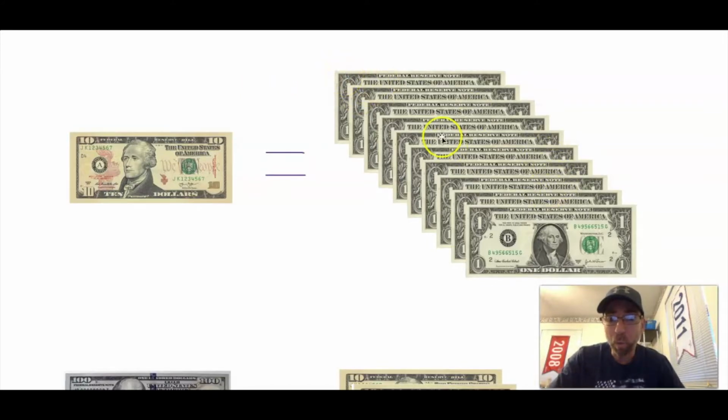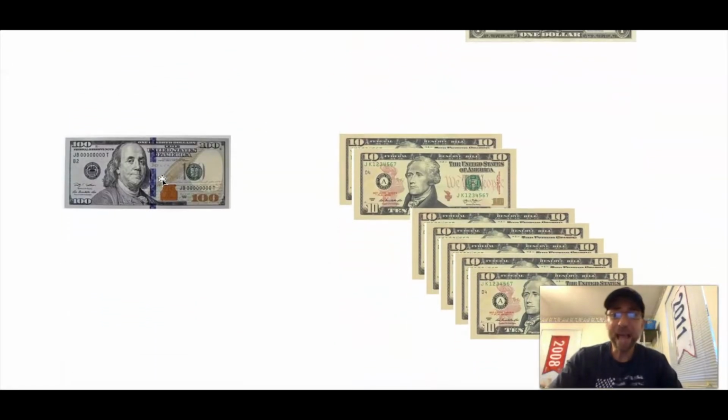These are all $1 bills. 1, 2, 3, 4, 5, 6, 7, 8, 9, 10. So 10 $1 bills equals a $10 bill. I'd rather carry a $10 bill around than have to carry all of these ones. My pockets wouldn't be able to hold all of them.